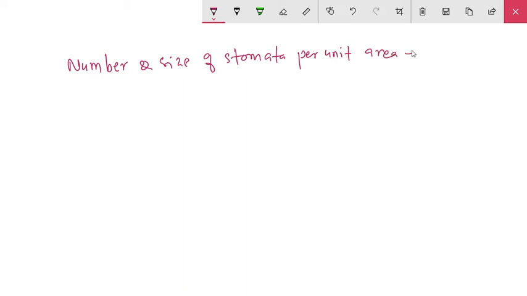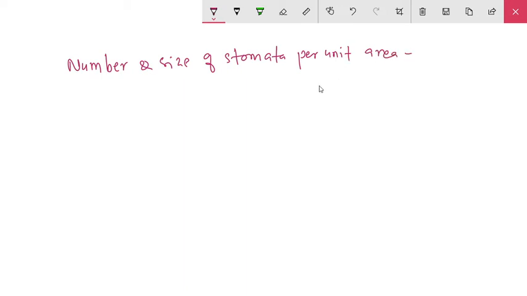Then the next internal factor, that is the number and the size of stomata per unit area. Okay.